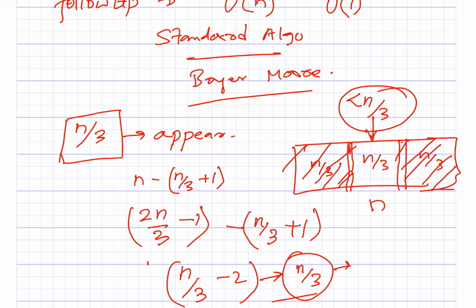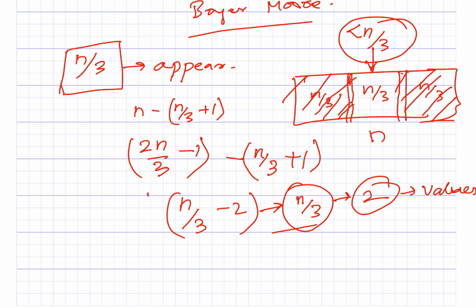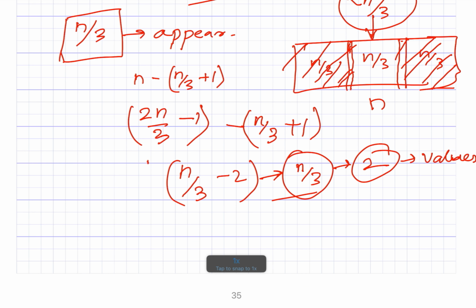So we can only have two values for which this problem statement actually has a solution. We can't have more than two values. We saw it just now.